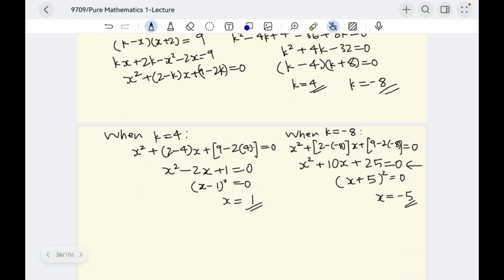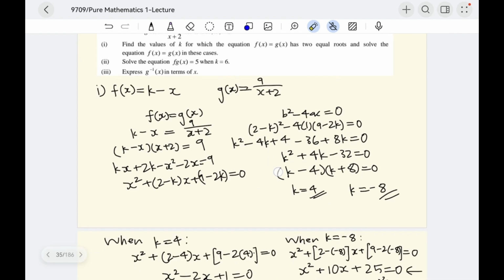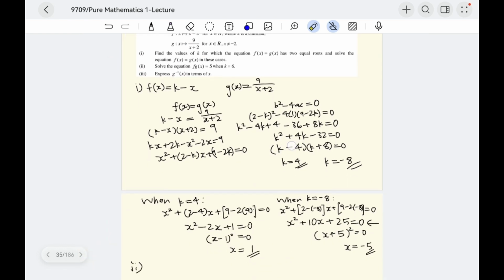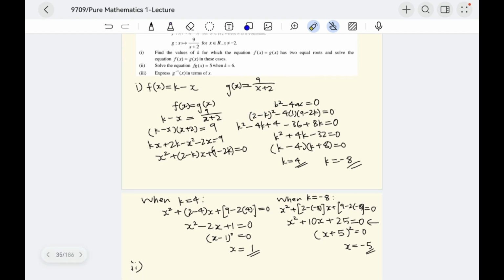For part 2, solve the equation fg(x) equals 5 when k equals 6. So for the second part, the value of k is no longer 4 and 8. I can rephrase: for the second part, k equals 6 instead of 4 and 8.